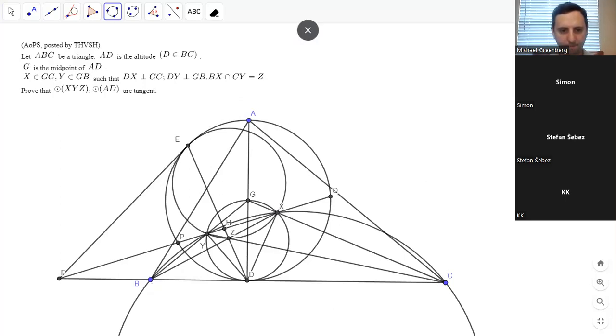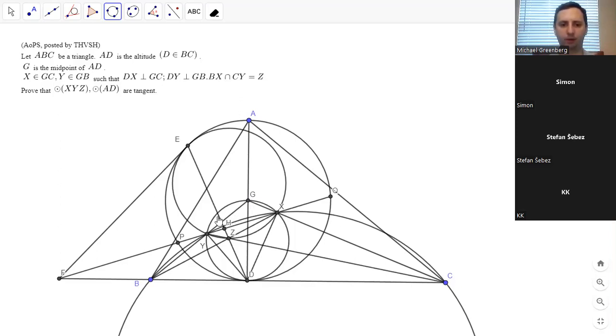Could you please explain one more time why B, X, C, and Y are cyclic? Yeah. Since this is a right triangle right here, and DY is perpendicular, it turns out that GY times GB is GD squared. Mm-hmm. And then we also have GX times GC is GD squared.